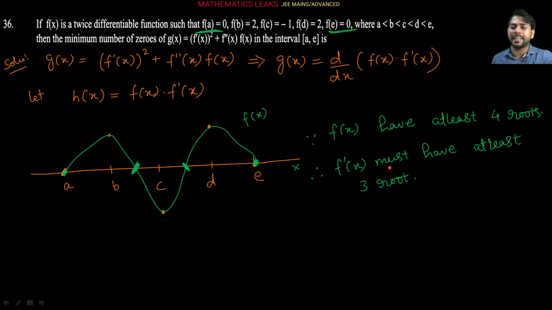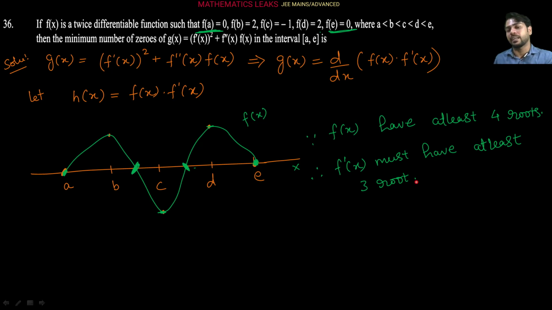So we can say f'(x) must have at least 3 roots. Between each pair of consecutive roots of f(x), one root of f'(x) necessarily will be there.